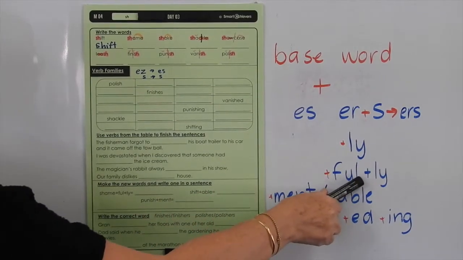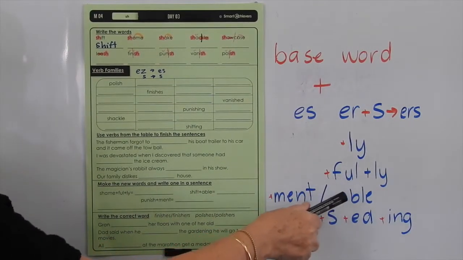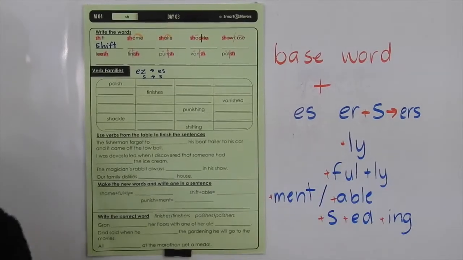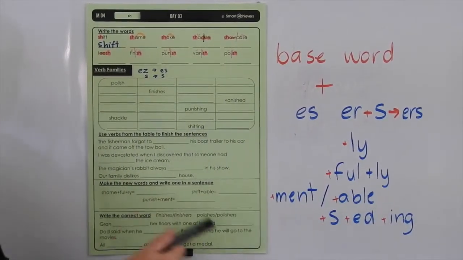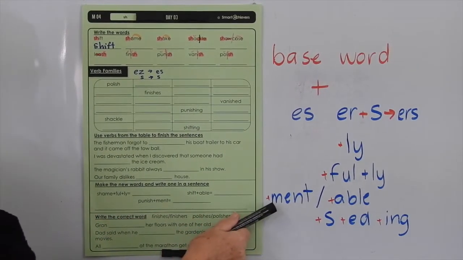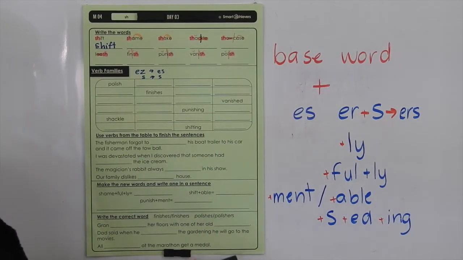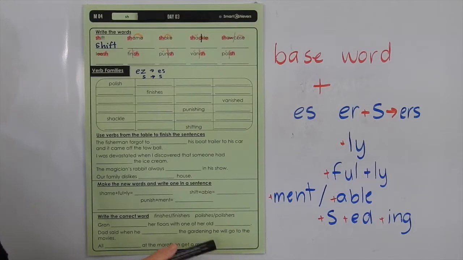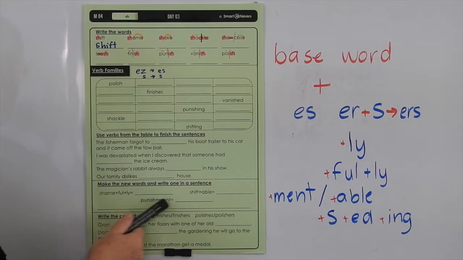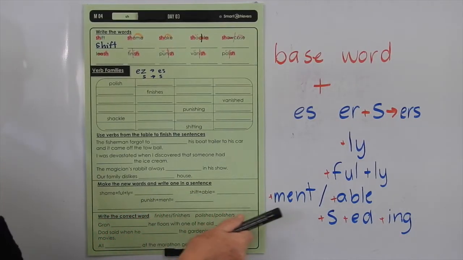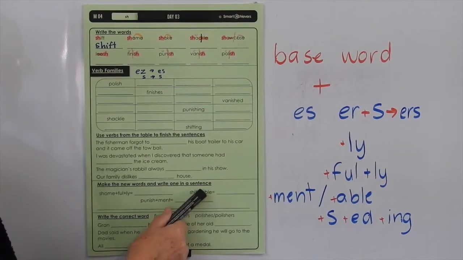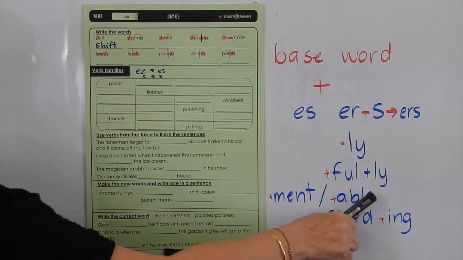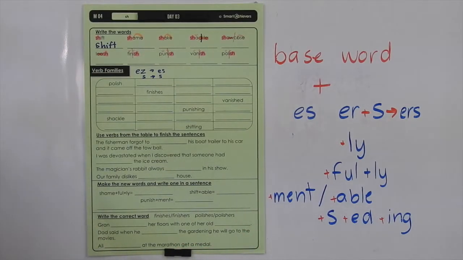For full, we only use one L for the suffix full, but when we want to change it into an adverb, we're going to have to add ly, not just a y. Punishment, ment is M-E-N-T at the end of a word, and so you just add that to the base word. Shiftable, we're adding able to the end of the word. Shiftable, we give it a bit of a grunt sound, but you know the suffix is able. So down the bottom, write the correct word.